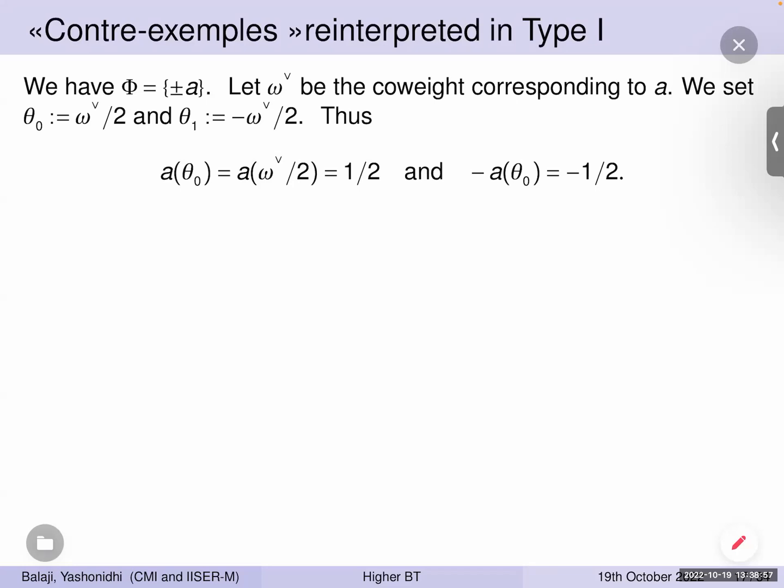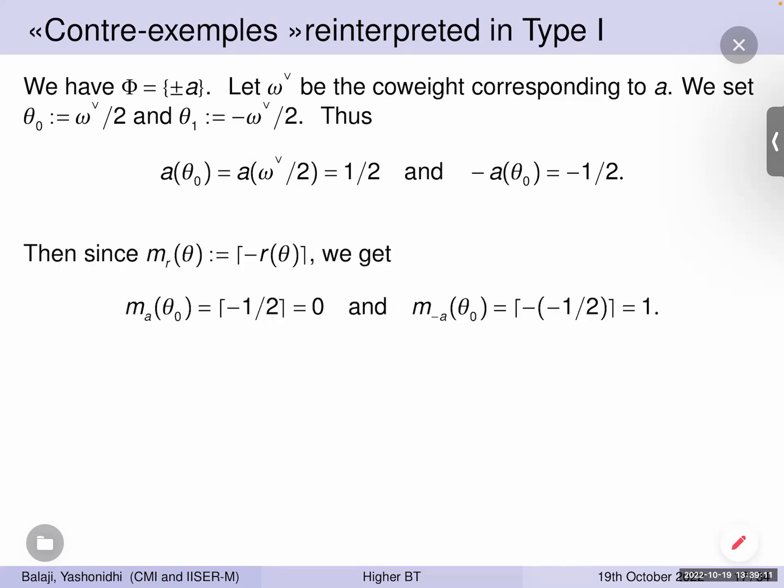Thus, the root a evaluated at theta_0 is a evaluated at omega-check by 2, which is half, and therefore minus a at theta_0 is minus half. Then since m_r theta is the ceiling function, we get that m_a theta_0 is the ceiling of minus half, which is 0, and m_{-a} theta_0 is the ceiling of half, which is 1. Similarly, m_a theta_1 is 1 and m_{-a} theta_1 is 0.